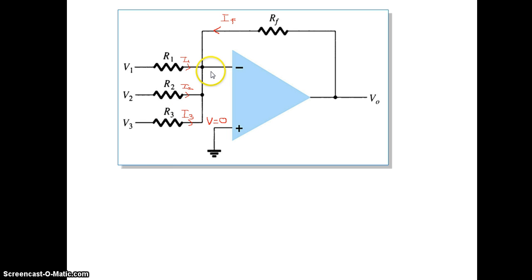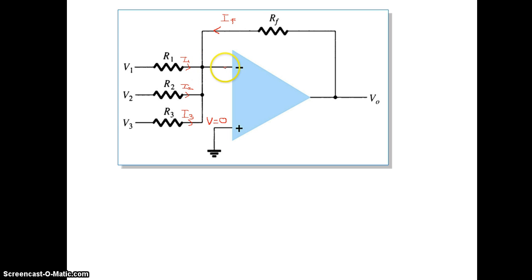Now we know that the voltage at the non-inverting terminal, that means the voltage at this point, is equal to 0. And the current going towards the inverting terminal, I can assume that also equal to 0, because current cannot flow into the terminal.